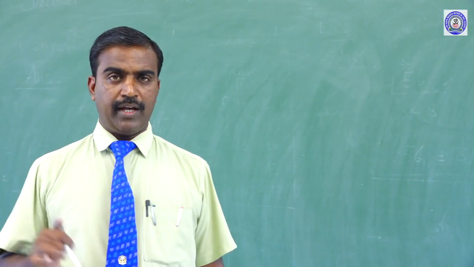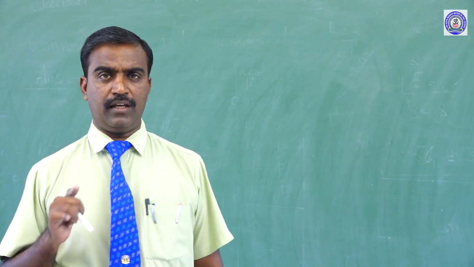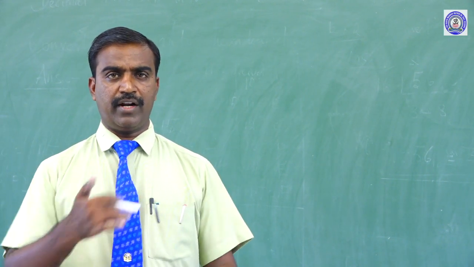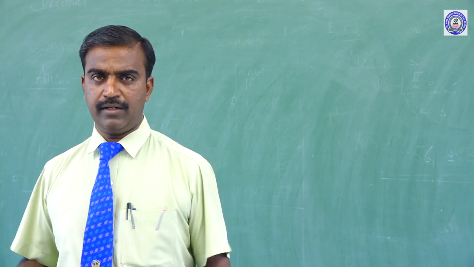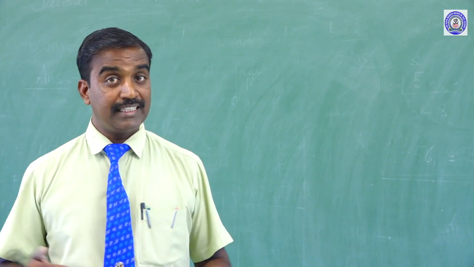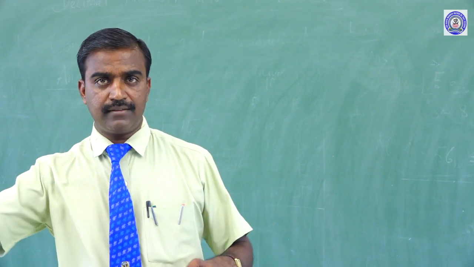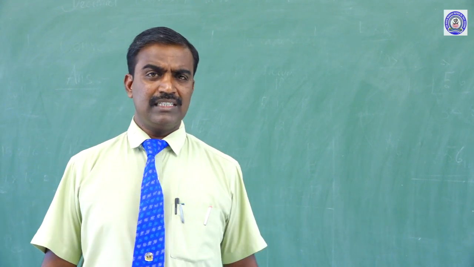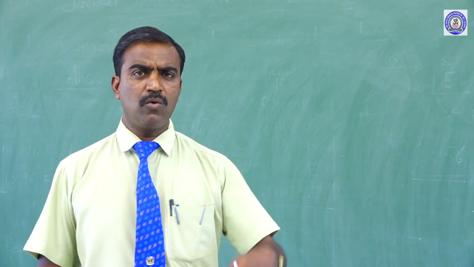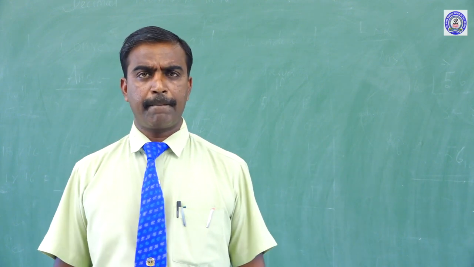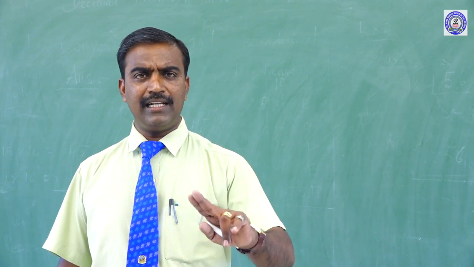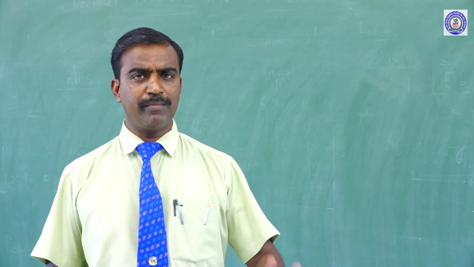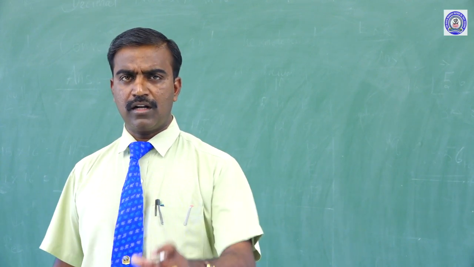This is different. Why? Because the given number is binary, 1 0 1 0 and so on. How can we convert this type of numbers into octal and hexadecimal? These two methods we will see now.